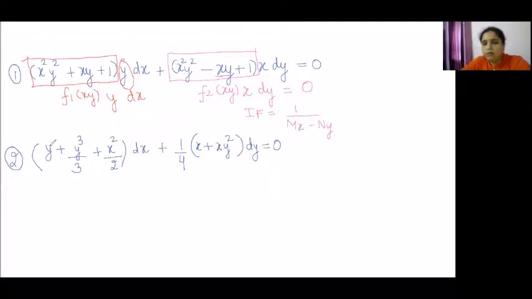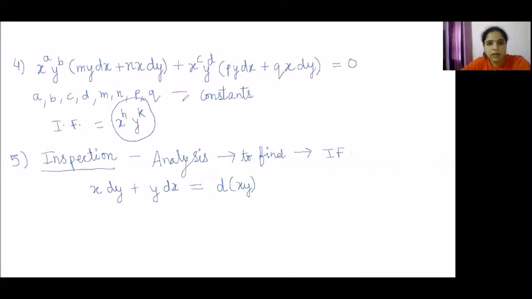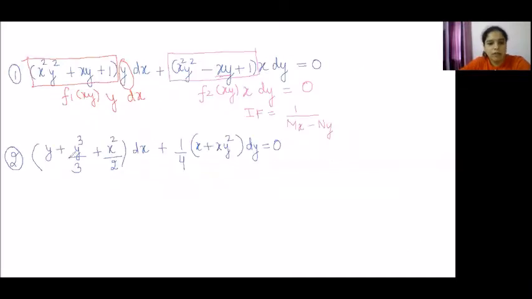In the fourth one, we have 4 terms, but if we see this one, I have 5 terms. So that is also not applicable here. So we will be trying the third rule.